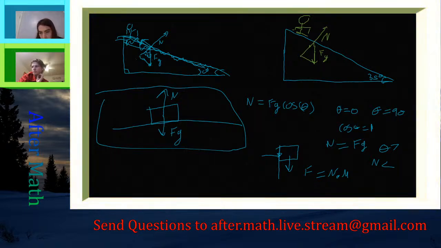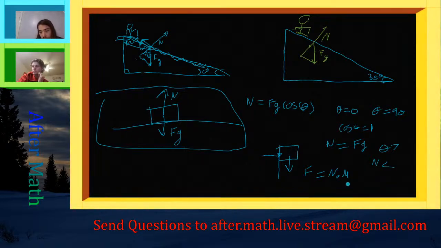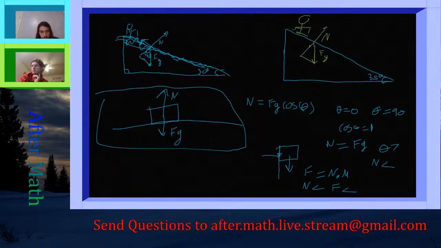It's just a number, all right? It's different for every surface. So as the normal force gets smaller, as N gets smaller, our force of friction gets smaller.